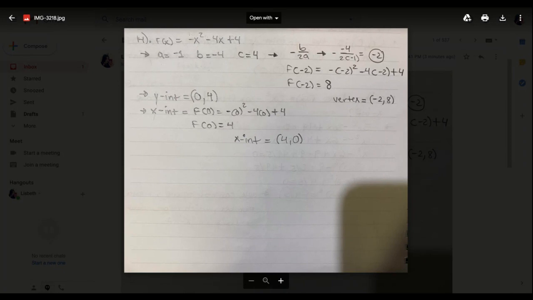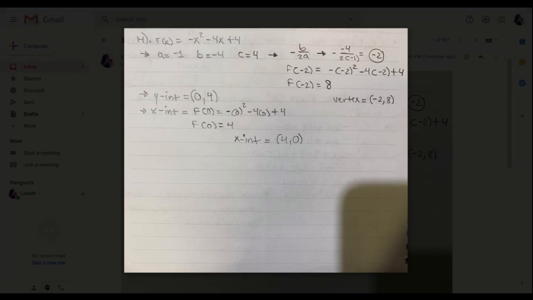Then you have f of x. So this step is good, and the y-intercept is perfect. Let's figure out the x-intercept. You put the x-intercept as 4, 0. But what's the 4? If you look one line above, is 4 the value for x or for y?